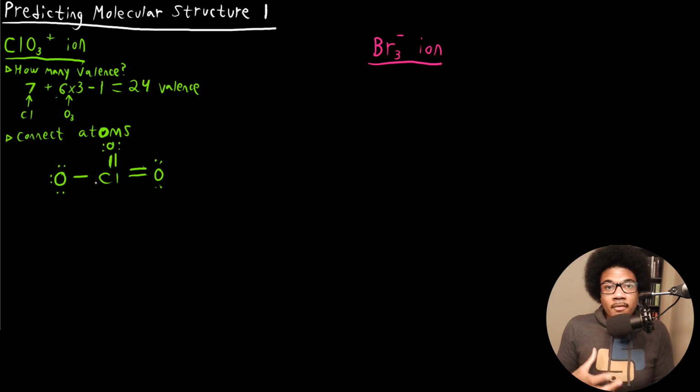Now, whenever you have an overall charge, whenever you have an ion, you can actually utilize formal charges in order to confirm that you have the proper connectivity in your Lewis structure. If the sum of your formal charges does not add up to the overall molecular charge, then you've done something wrong. So we want to calculate formal charges here and make sure we've done everything right.